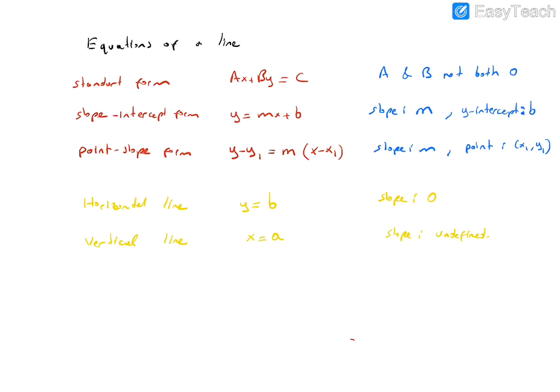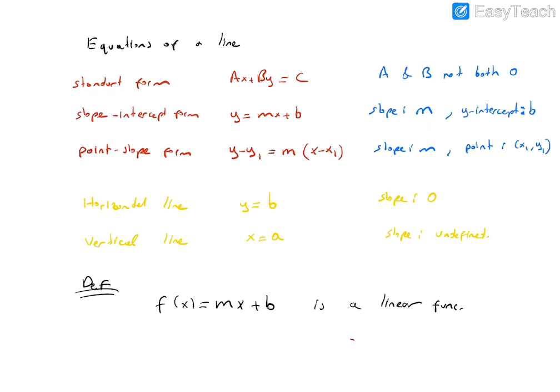As I mentioned before, if we use the slope-intercept form, we describe a function. So f of x equals mx plus b is a linear function, as a definition we can give.